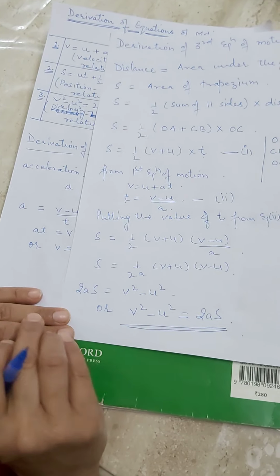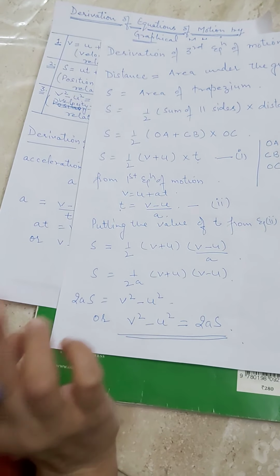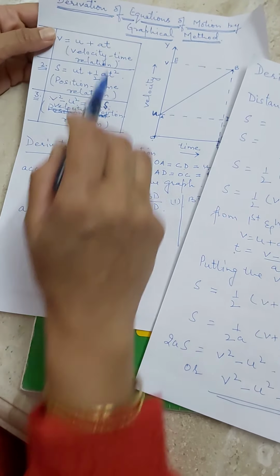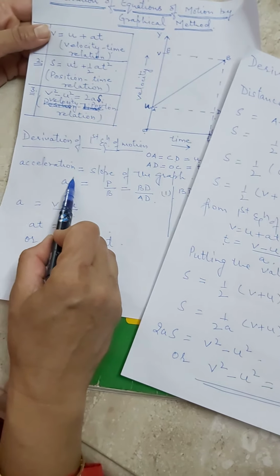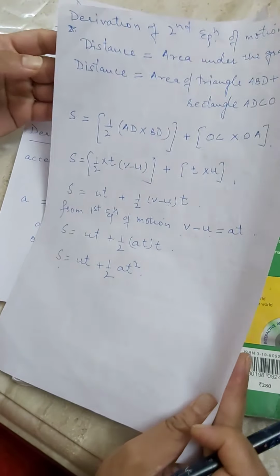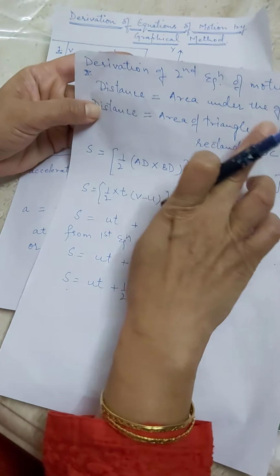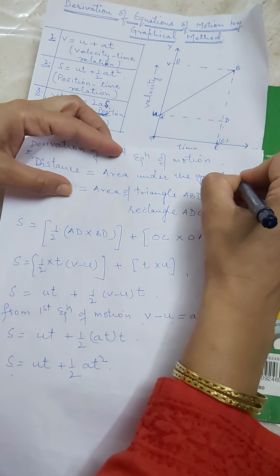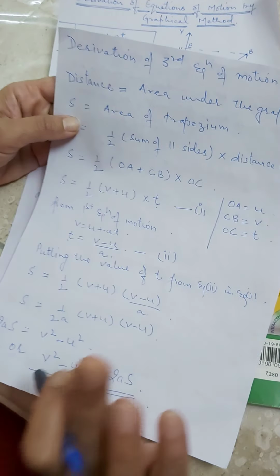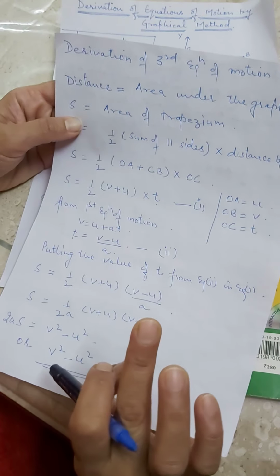This is how you have to learn the derivations. Only in the first equation we have to start with acceleration. In the second and third equations we have to start with distance. Distance is area under the graph. In both equations we use distance is equal to area under the graph.